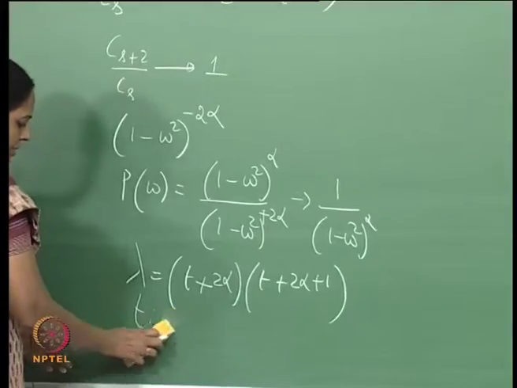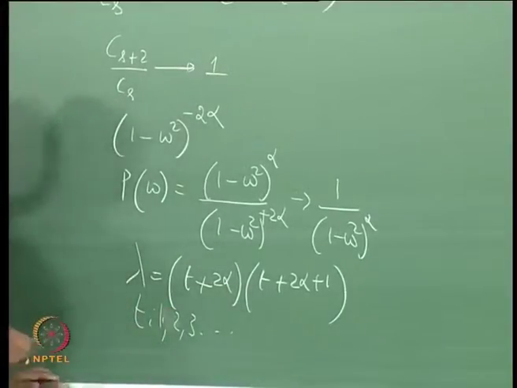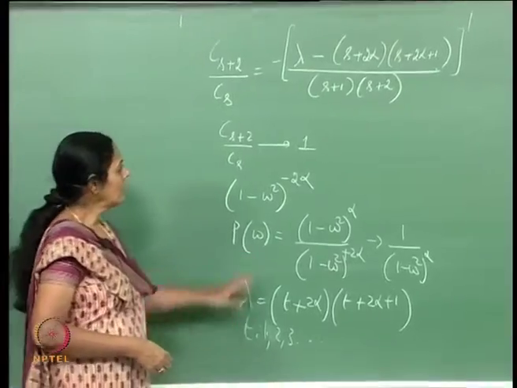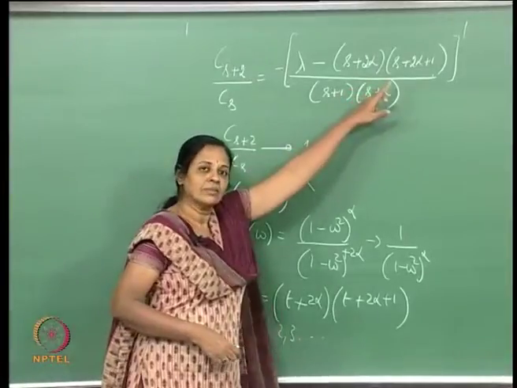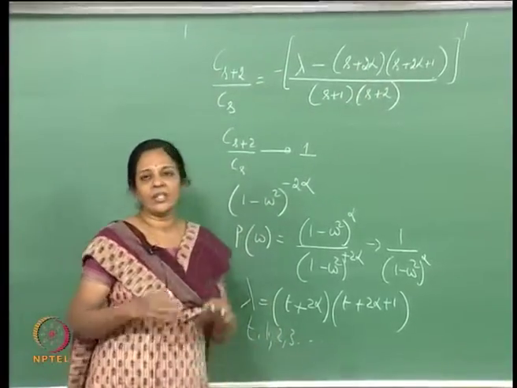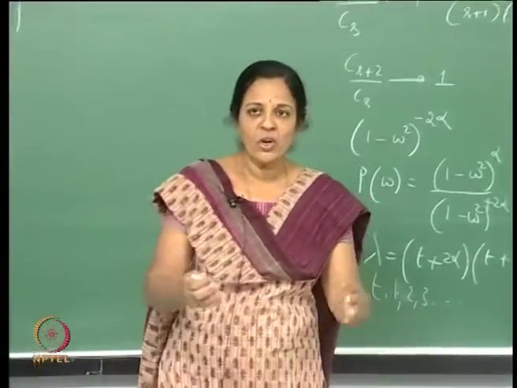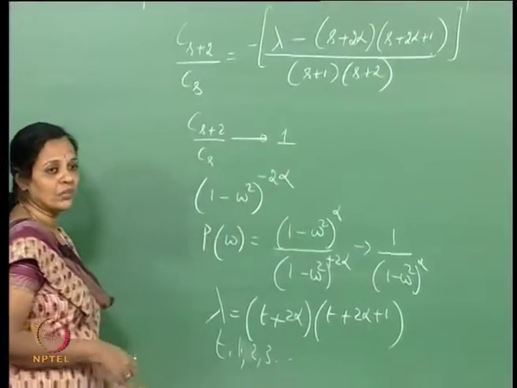So let's start with 1, 2, 3 and so on. When s is equal to t, it is clear that the numerator vanishes, and therefore the series will truncate, because beyond that there is no ratio of coefficients worth talking about.